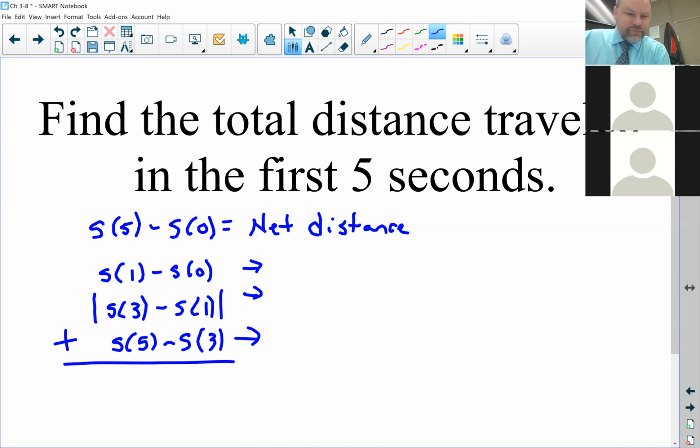So this would be 4 minus 0. I know at 1, I get a 4 here. And if I look for the position at time t equals 3, it's back at 0.